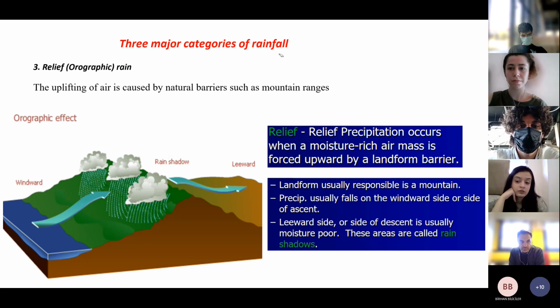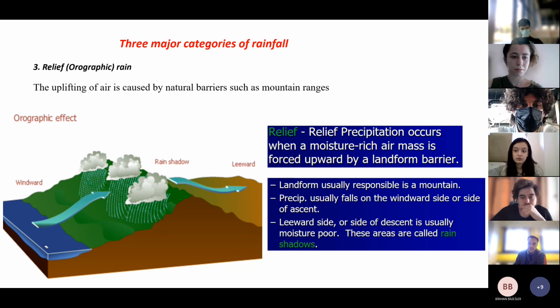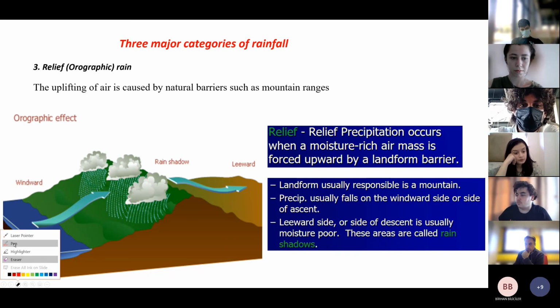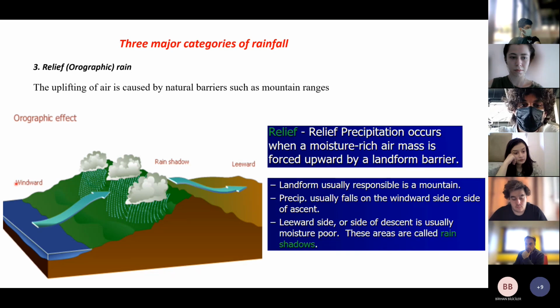We said that when warm air rises, or when moisturized warm air rises, we will have rainfall. Look here, for example, a sea or an ocean, and we have a mountainous area, and we assume that wind blows from the sea to the land.